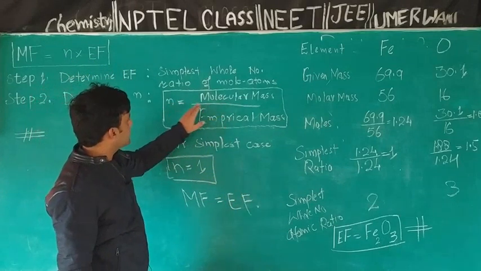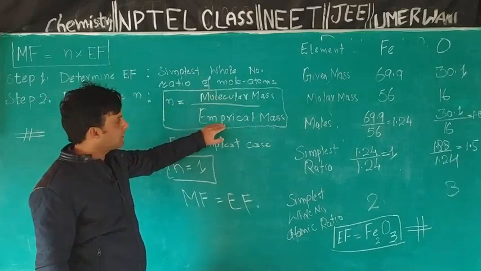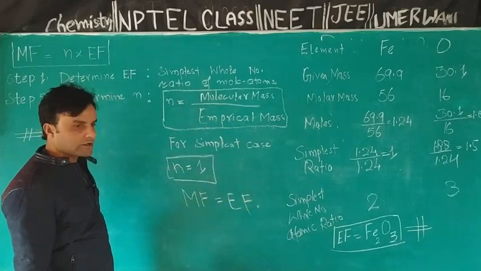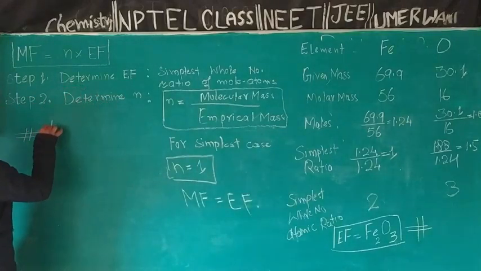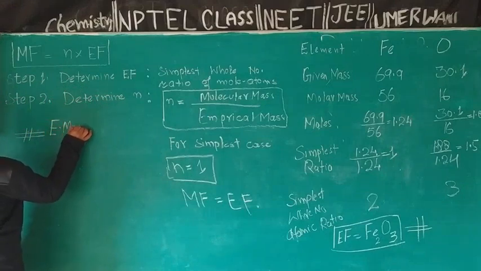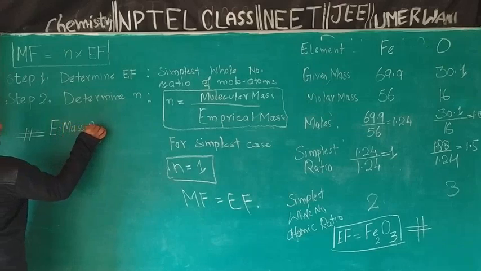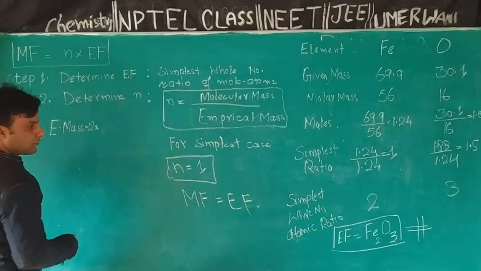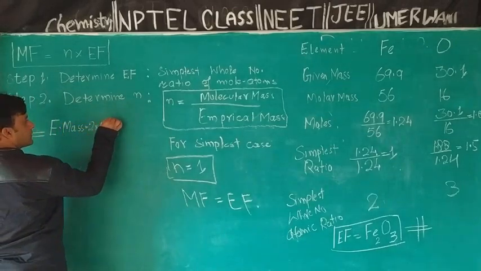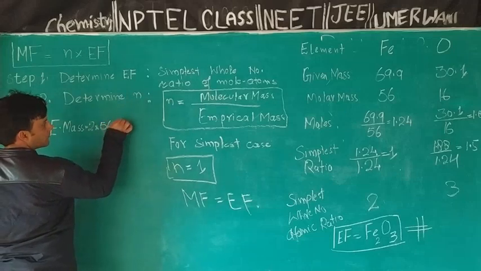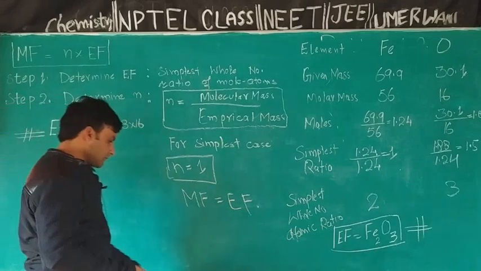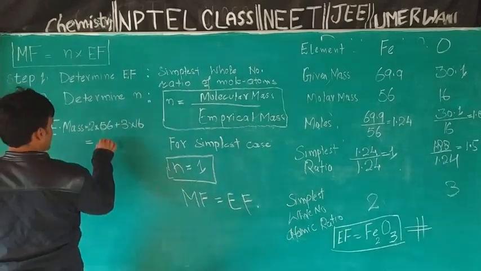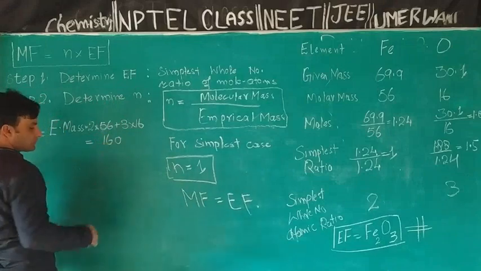n is equal to the ratio of molecular mass and empirical mass. Empirical mass I can easily calculate from the empirical formula. Empirical mass is equal to 2 into 56 for iron, plus 3 into 16 for oxygen, and I have already calculated it, it is approximately equal to 160.